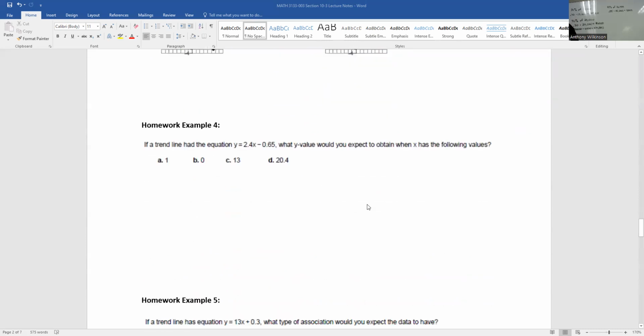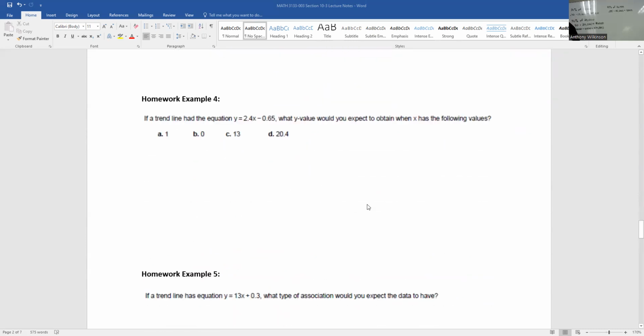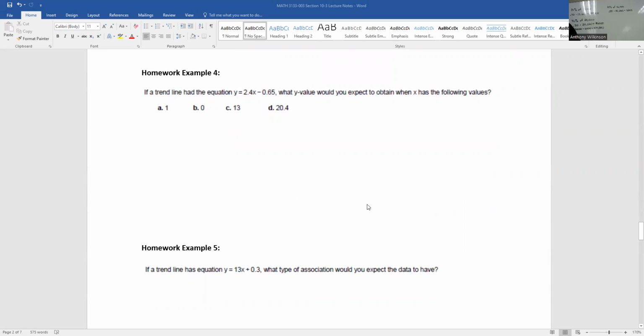Now let's look at this example here. Let's say we are given a trend line and it had the equation y equals 2.4x minus 0.65. What y value would you expect to obtain when x has the following values?